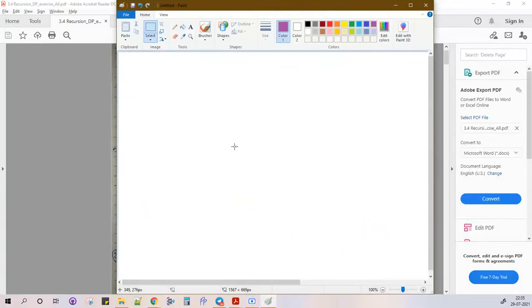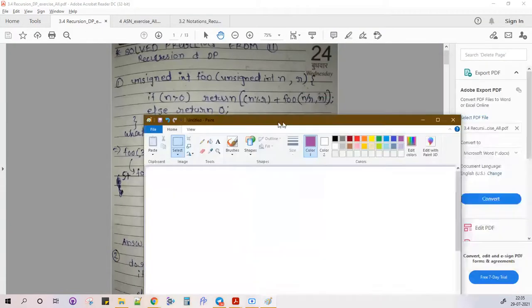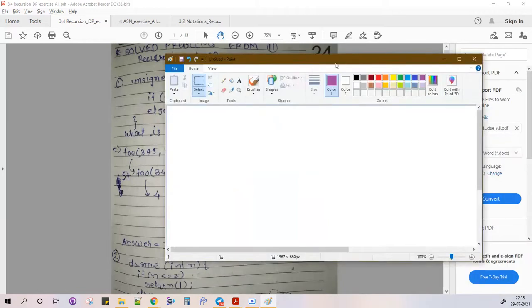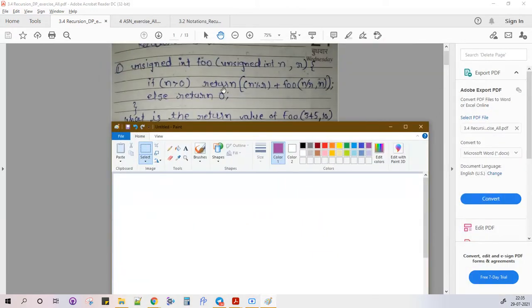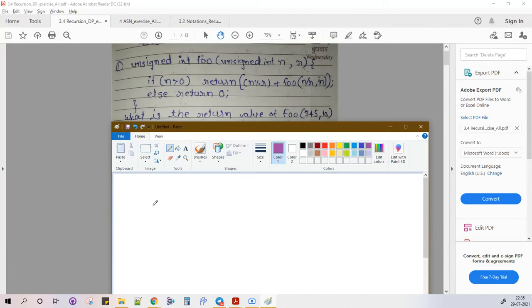So see how to solve it, just write the function. Given the function foo, we are calling it with 345 and 10. Now what will happen? n is equal to 345 and r is equal to 10. n is greater than 0, yes, so the else part is gone.